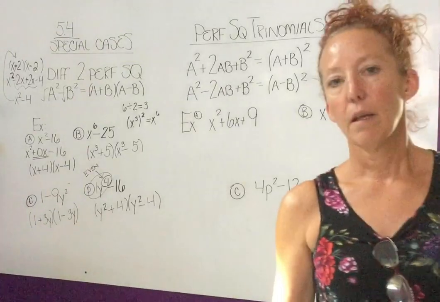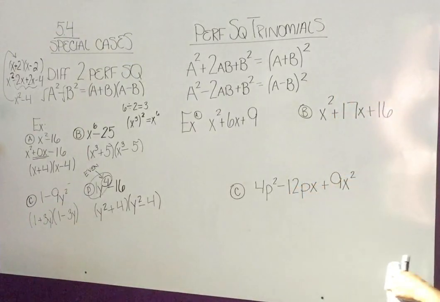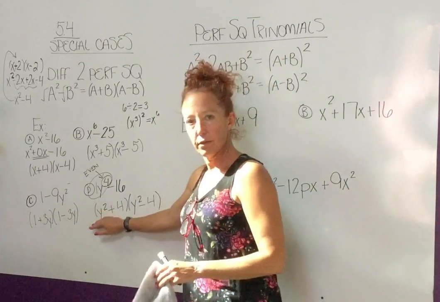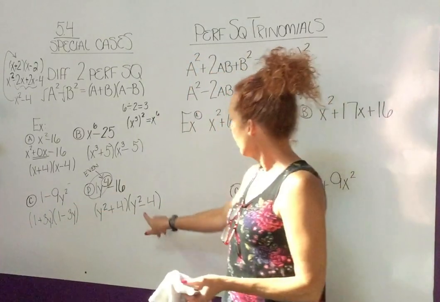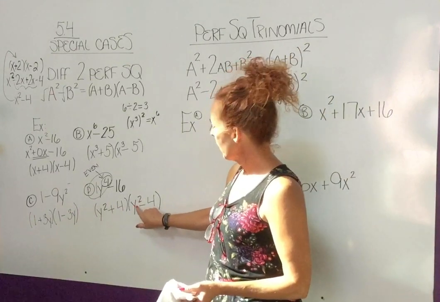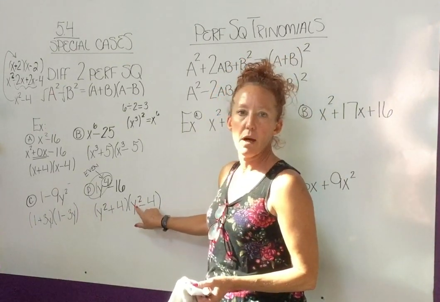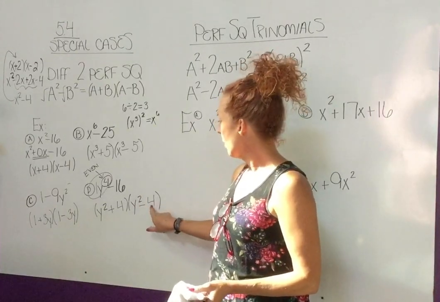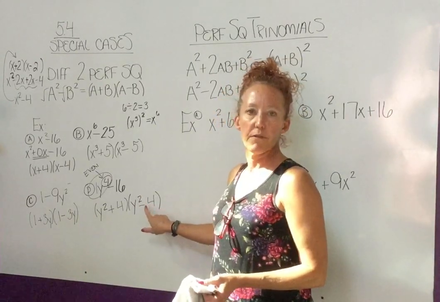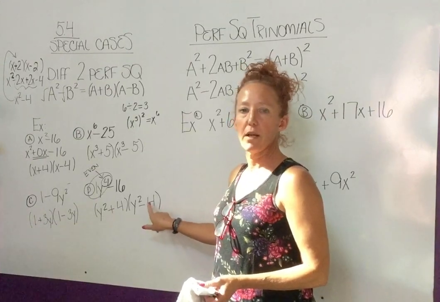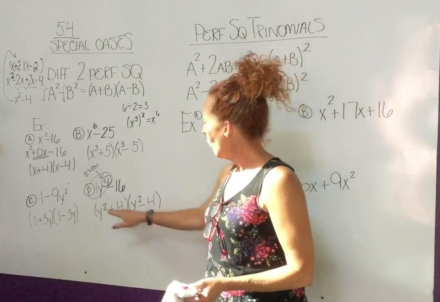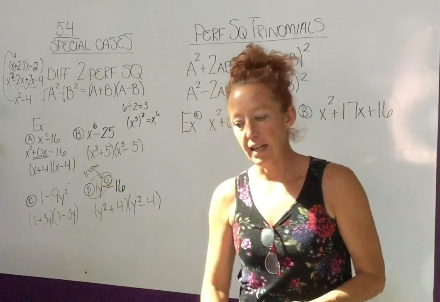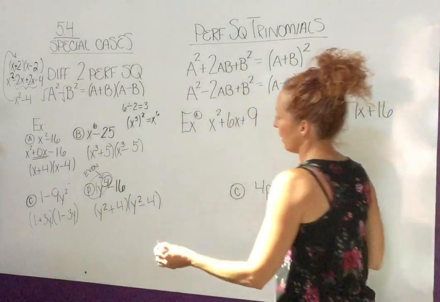All right, what is interesting about these two factors? Well, this is still a perfect square. y times y is y to the second power. 4 is still a perfect square, 2 times 2. And so one of these factors can be factored again, and it's not this one.